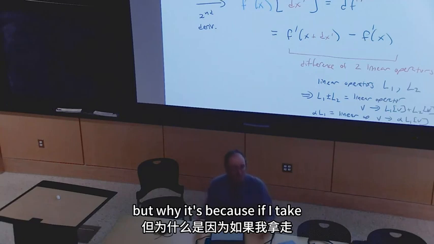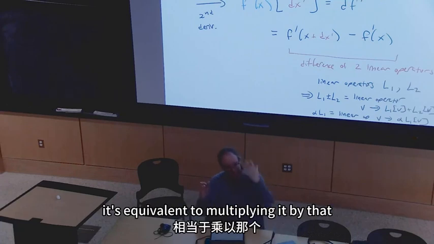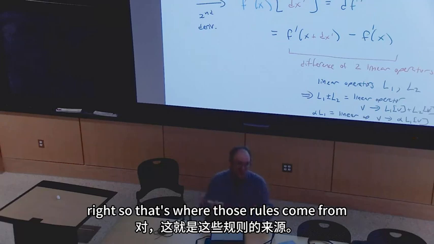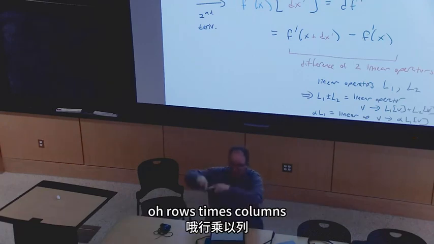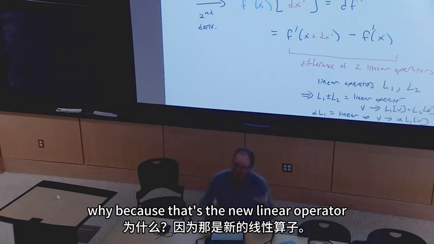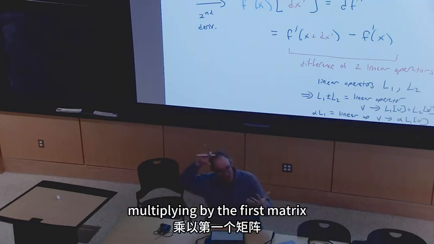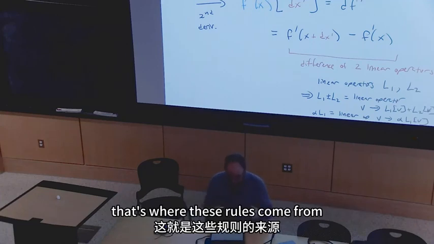Why? Because that's the linear operator equivalent to multiplying by the original matrix and then multiplying by 3. Just like the rule for multiplying two matrices, rows times columns. Why? Because that's the new linear operator that is equivalent to multiplying by the right matrix and then by the left matrix. That's where these rules come from.